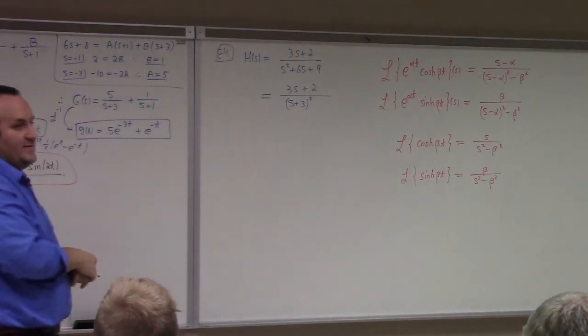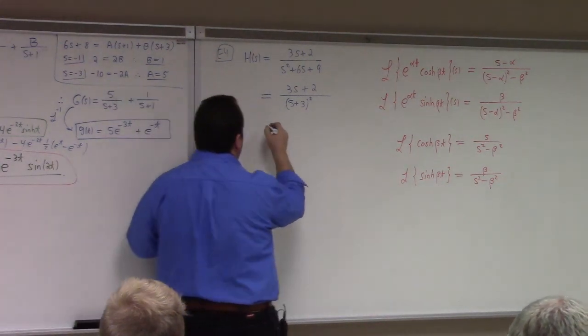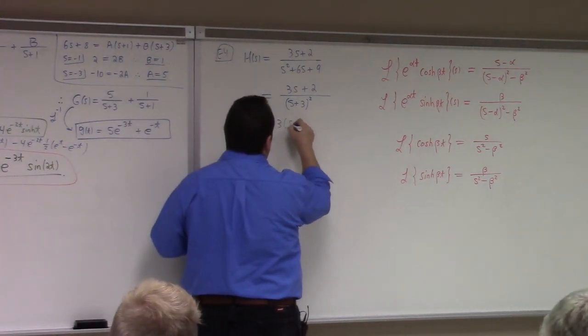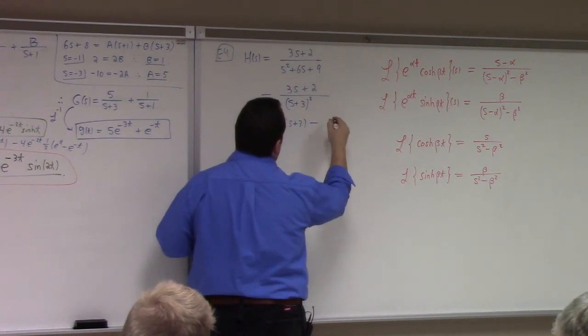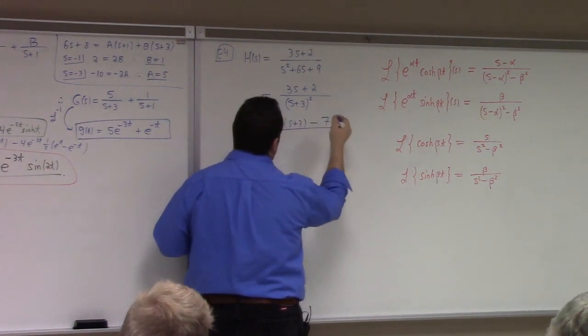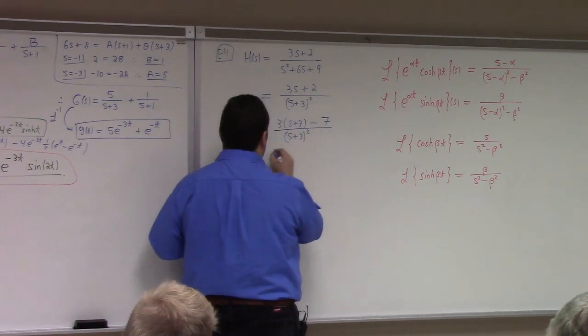So there's no adding because it was already a perfect square. This is the middle ground. This is between cosine and sine and cosh and sinh. And then you just got to use your imagination like usual. That's 3 times s plus 3 minus what? Minus a 9, so that's minus 7 because there was a 2 there to start with. Then you do algebra.